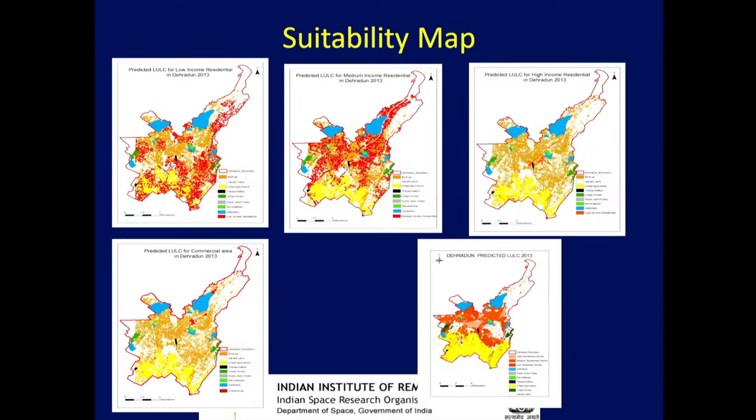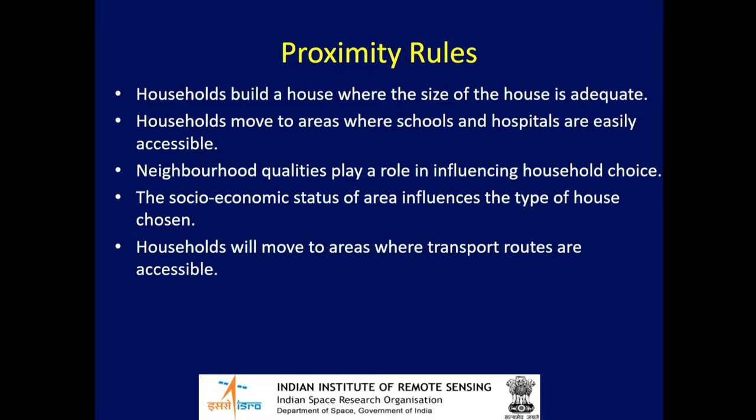So we use 2005 and 2007 to generate the suitability maps for 2013, and then the best suitability maps have been composed together to get you the final output map of 2013 in this case.